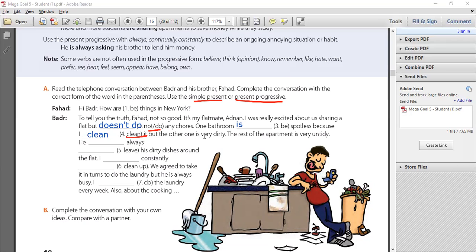But the other one is very dirty. The rest of the apartment is very untidy. He always leaves his dirty dishes around. Yes, Ilaf. He is always leaving his dirty clothes, his dirty dishes around the flat. I plan constantly to clean up.